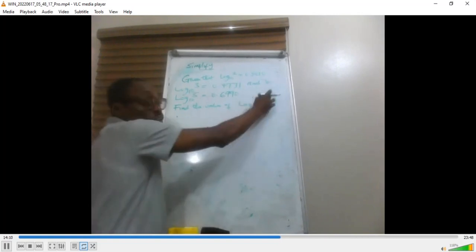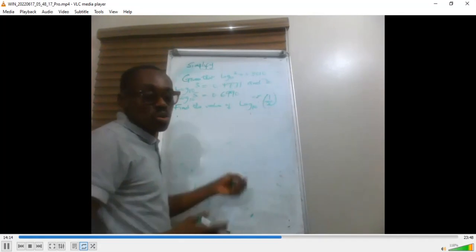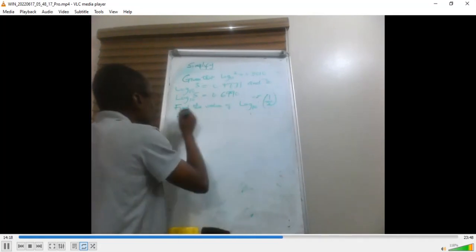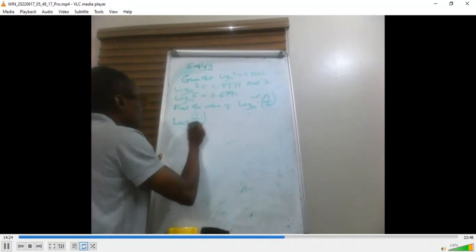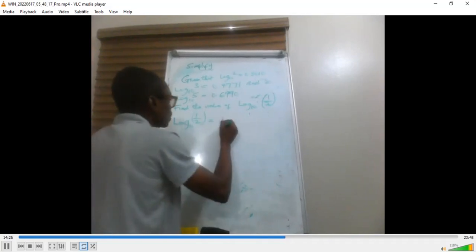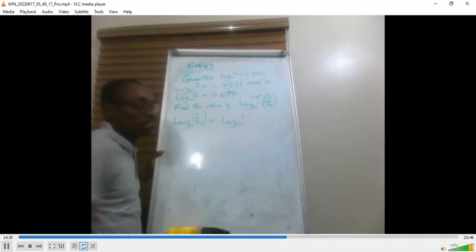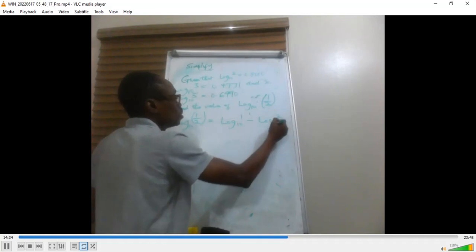So this is 1 divided by 2. So we're going to apply the subtraction rule. When things are divided, you can actually apply subtraction. So log half base 10 can actually be written as log 1 base 10 minus log 2 base 10.